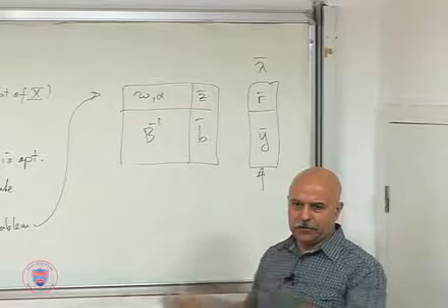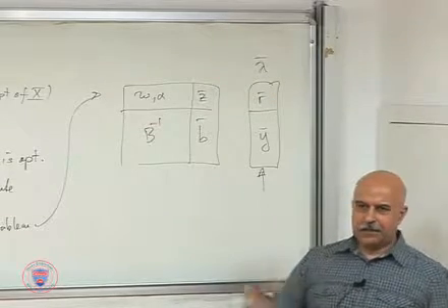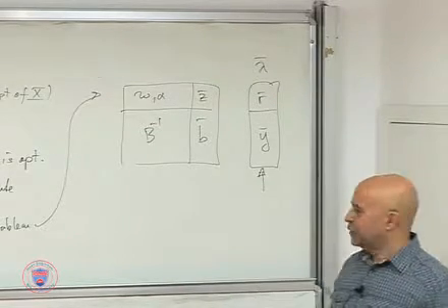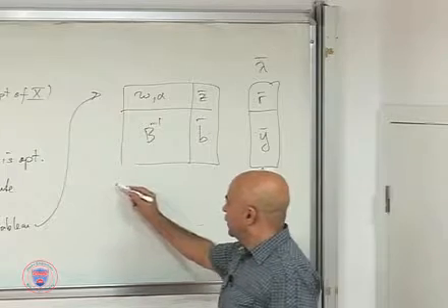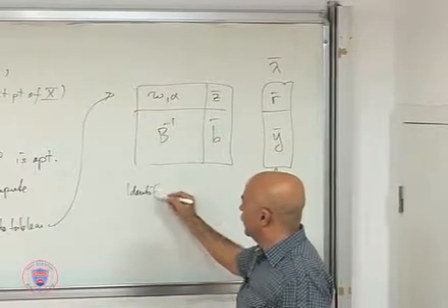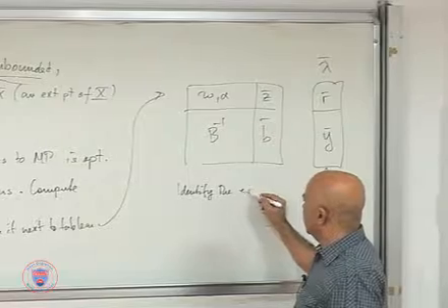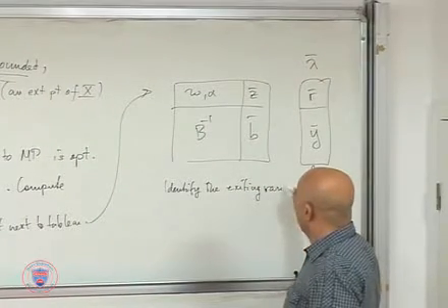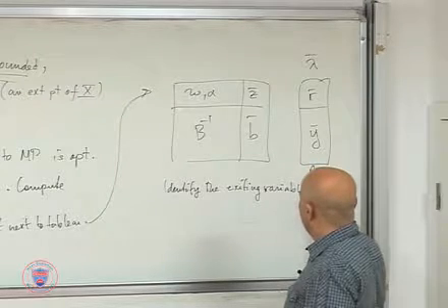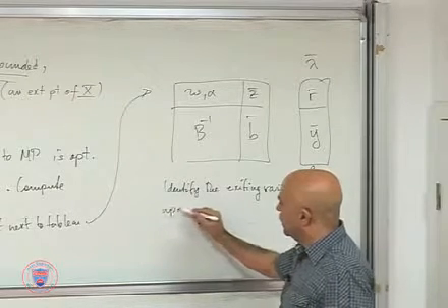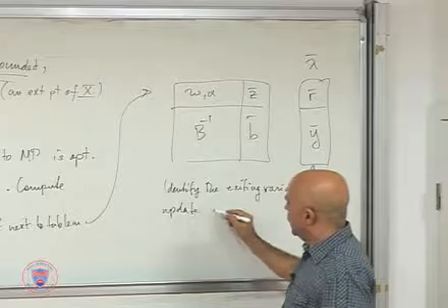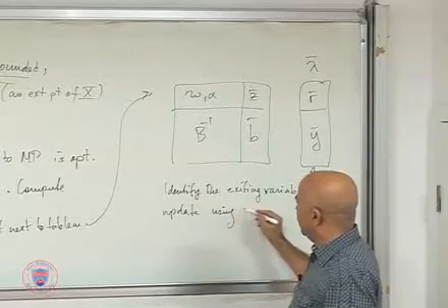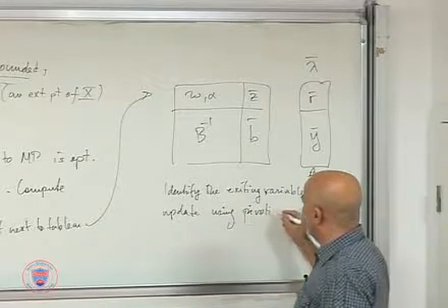The rest is straightforward stuff. Identify the exiting variable. Then update using either pivoting or product form, whatever.